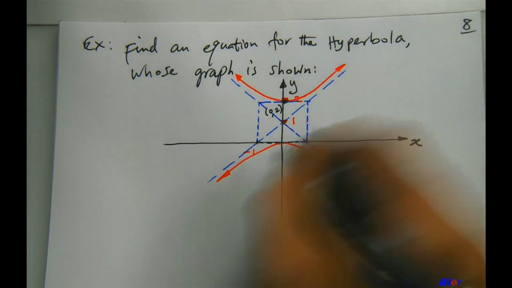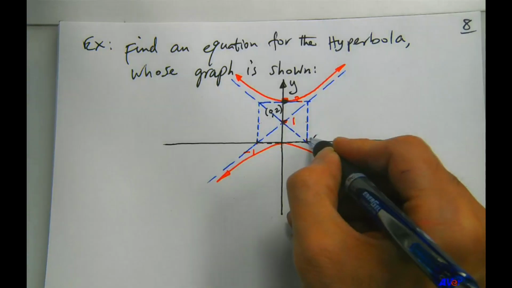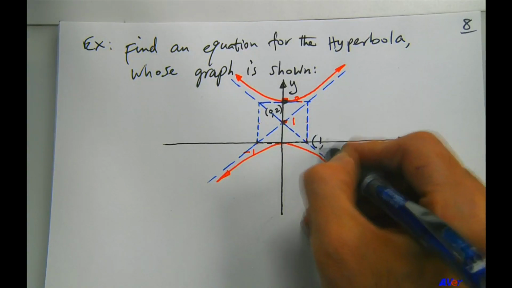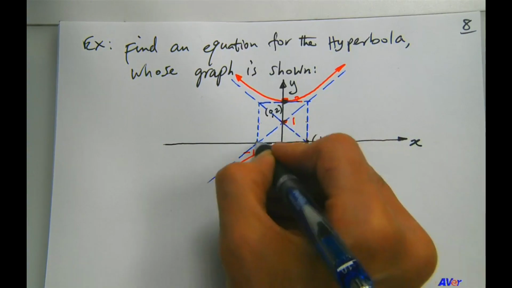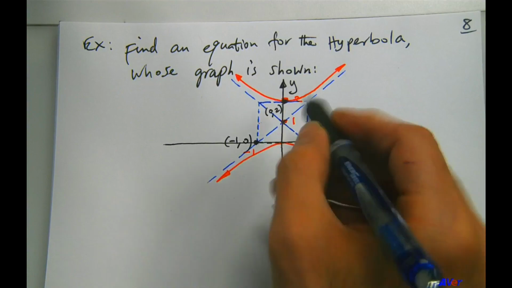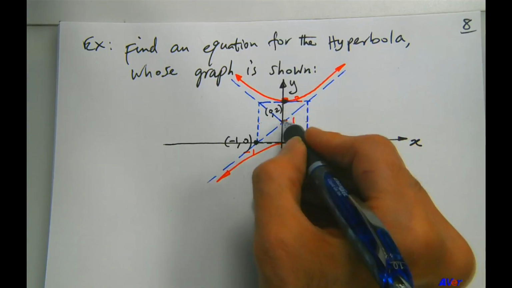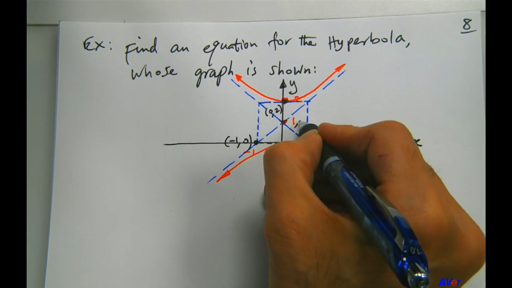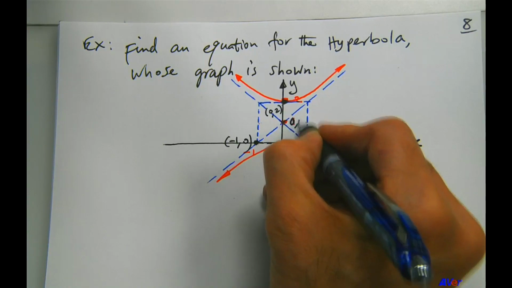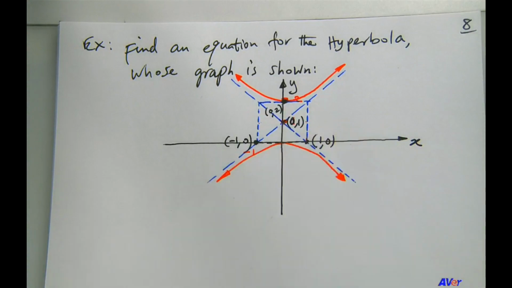Okay, so this is 1 unit, so this is 1, 0, that corner. And this is -1, 0. And that point is 0, 1. That's the center.